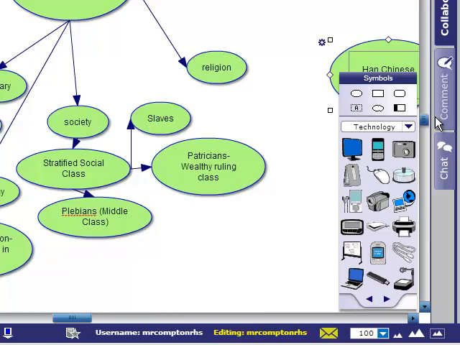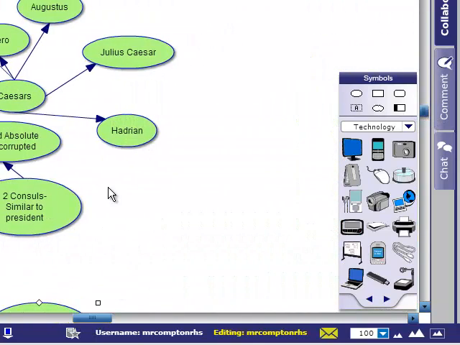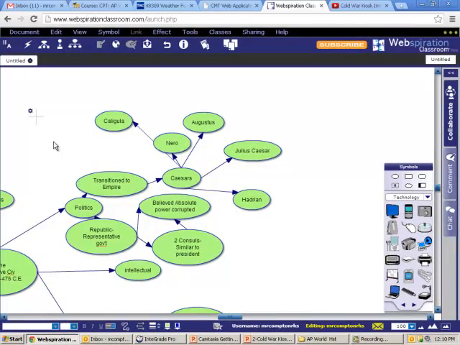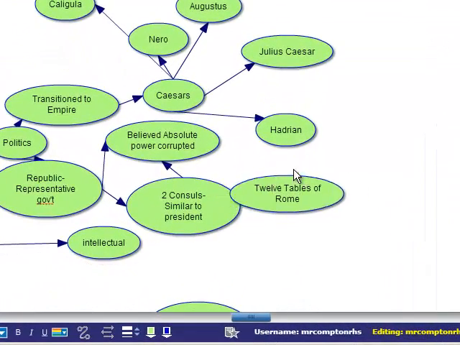In addition to this, let's also look under the political section. You can also discuss some of the key concepts that are within our study guide. For example, we have the 12 Tables of Rome, which were the governing documents.